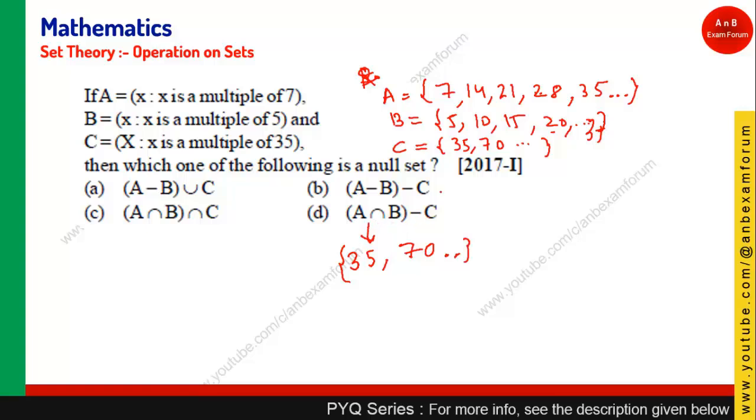Then this minus C, so C has certain elements. What does the minus operation mean? Those which are present in this set but not in C. But if you see, all these are present in C also.